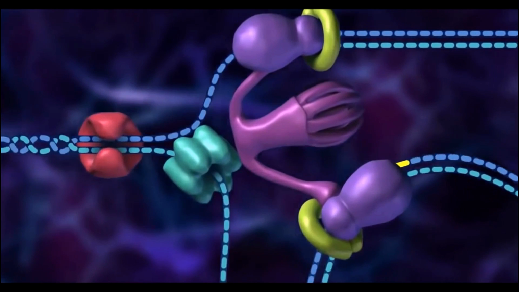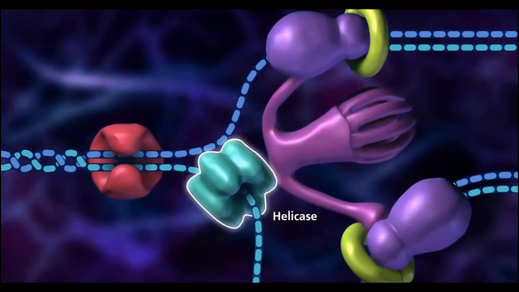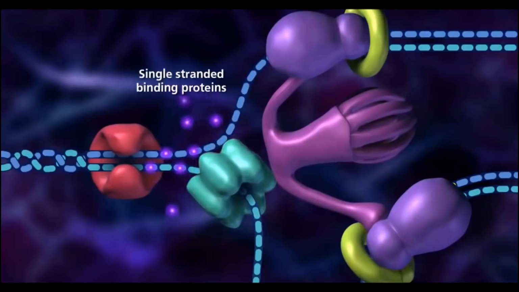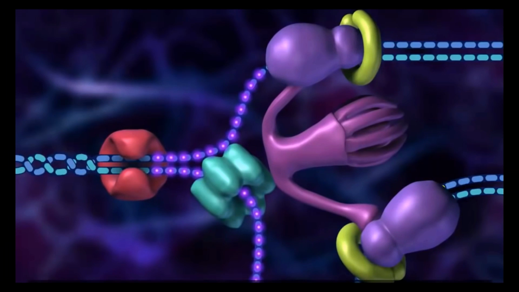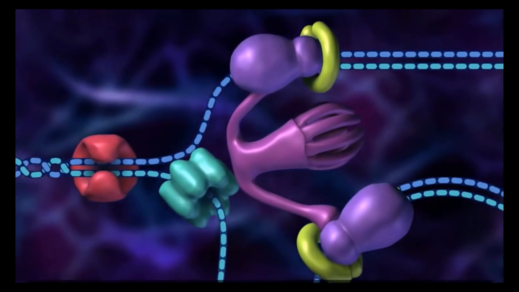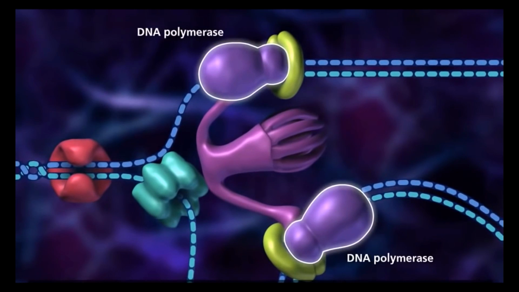Helicases separate the strands of the double helix and single-stranded binding proteins stabilize the newly single-stranded regions. DNA gyrase is used to make sure the double-stranded areas outside of the replication fork do not supercoil.